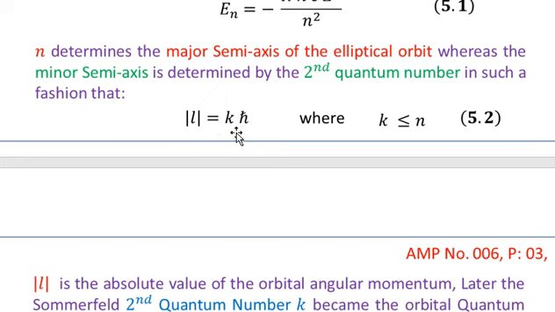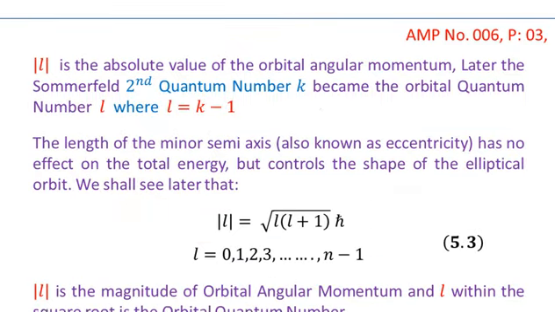So the elliptical orbits satisfy the condition that the orbital angular momentum of the system will be equal to k times h bar, where k is less than or equal to n. The magnitude of L is actually the absolute value of the orbital angular momentum, which we also stated earlier when we were talking about the Bohr atomic model.